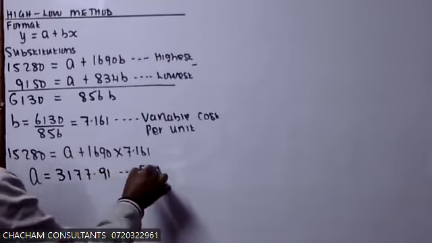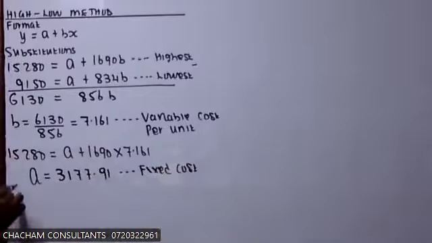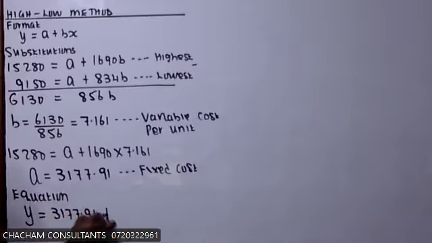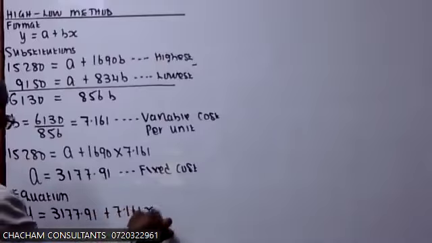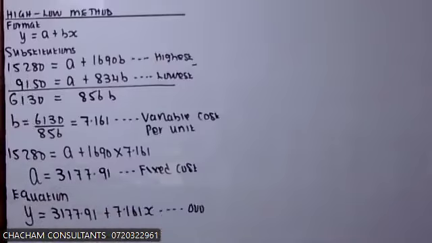Now this is the fixed costs. So the equation will then be y = 177.91 + 7.161x. And remember, this equation is in thousands. The figures were in thousands.